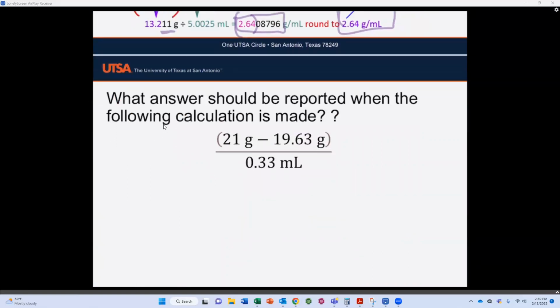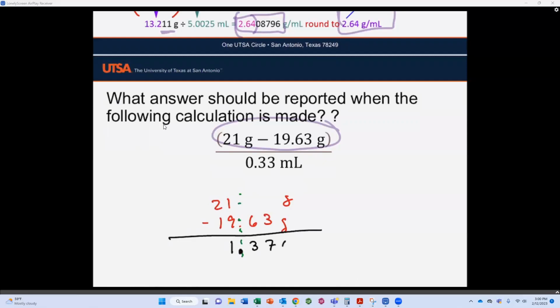So again, we're going to follow our order of operations. We're going to do this calculation first, and it's 21 minus 19.63 grams. So the answer I'm going to report has to stop here. I report my final answer, and it's 1.370.